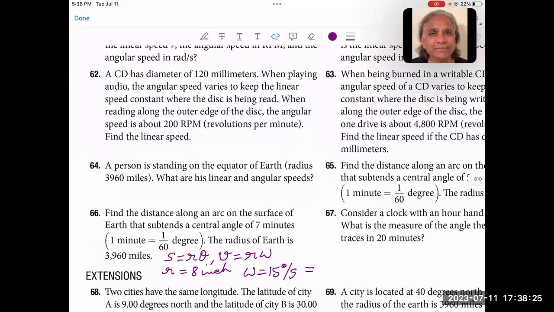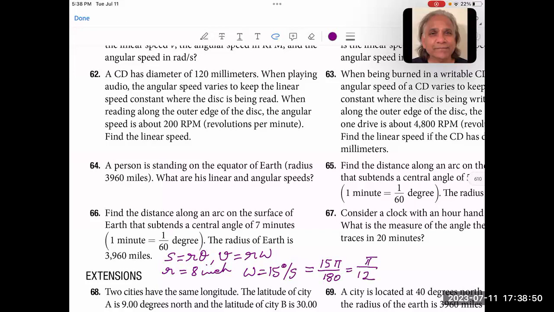Degrees to radians, you multiply by pi over 180. And this can simplify to, so 15 times 1 is 15, and then 2.